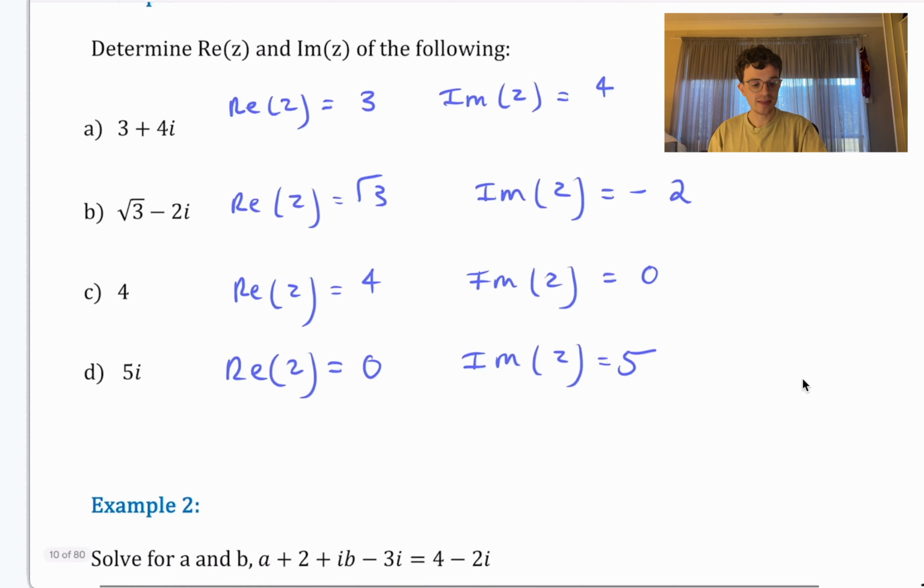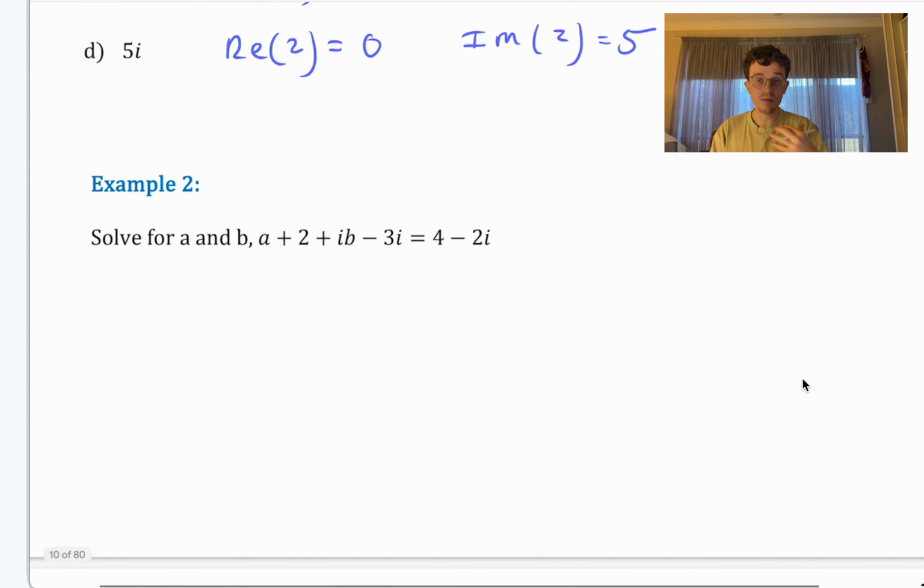Now we can apply that to solve complex equations that look funny, and it looks like there's too many variables to solve this equation, but it actually is very solvable. These are both real components, which means that the real components of the left-hand side have to be equal to the real components of the right-hand side.